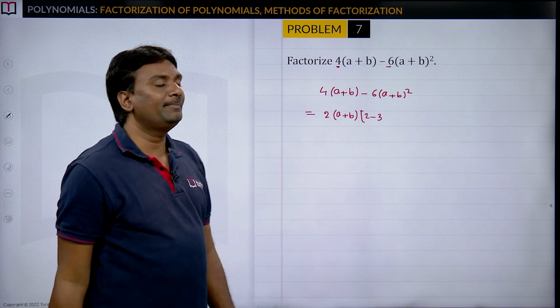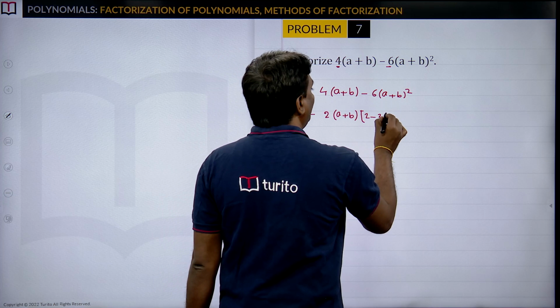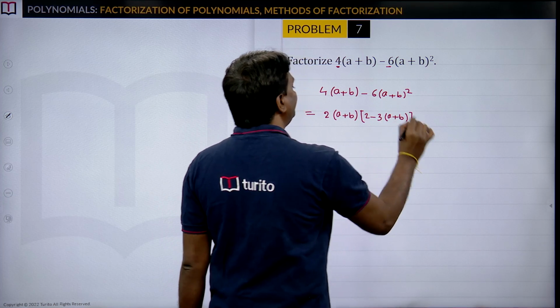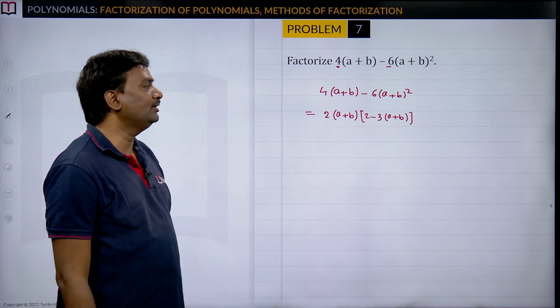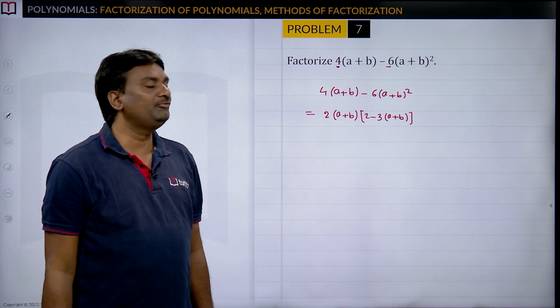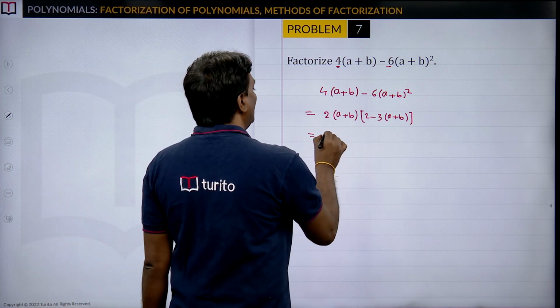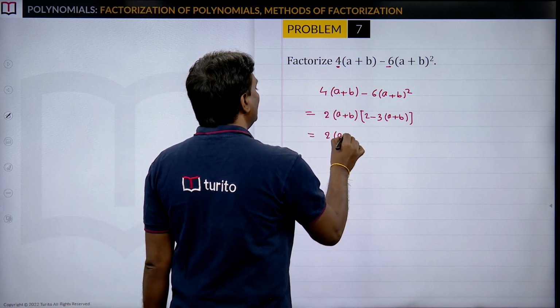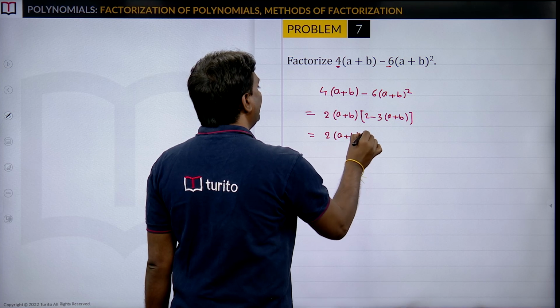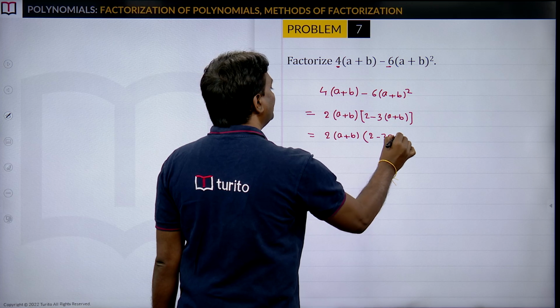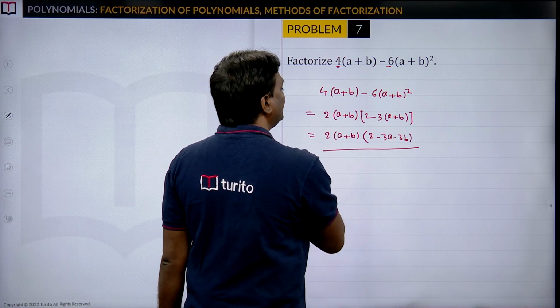Already we have taken (a+b) as common, so one more (a+b) is there, minus 3 into (a+b). So, by taking 2(a+b) as common, we got 2 minus 3(a+b), that is 2(a+b)(2 - 3a - 3b).